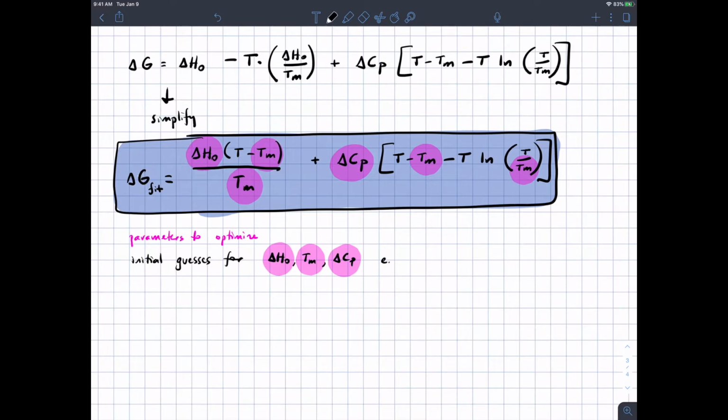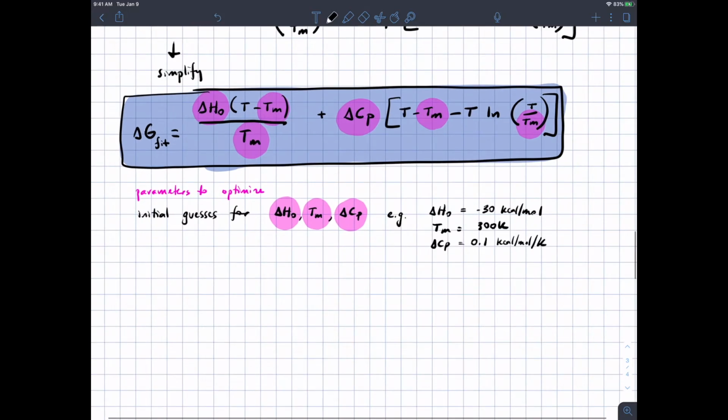For the WW domain, as an example, if you start out with about minus 30 kcal per mole for delta H, if you put Tm at about 300 Kelvin, and if you put delta Cp at around 0.1 kcal per mole per Kelvin, those are generally suitable starting parameters.